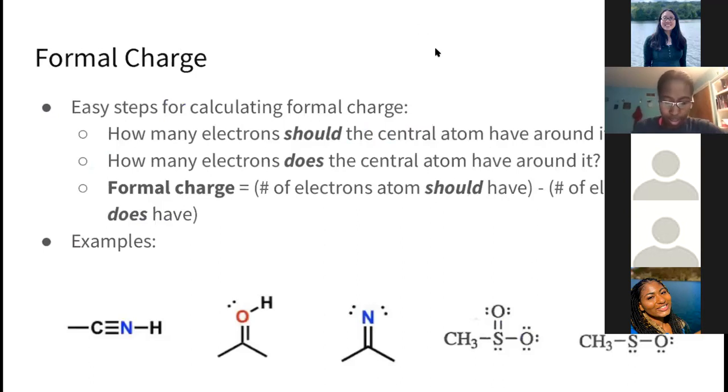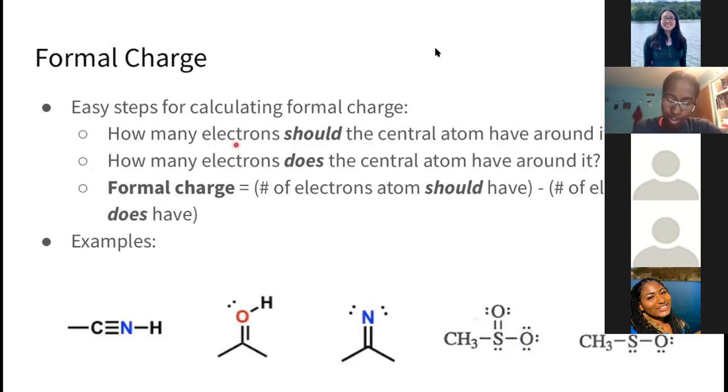The method that I like to use is to first consider how many electrons the atom should have around it. You can find this out by looking at that atom on the periodic table, and you look at the number above the column for that atom. That's an easy way if you just need to refresh yourself.